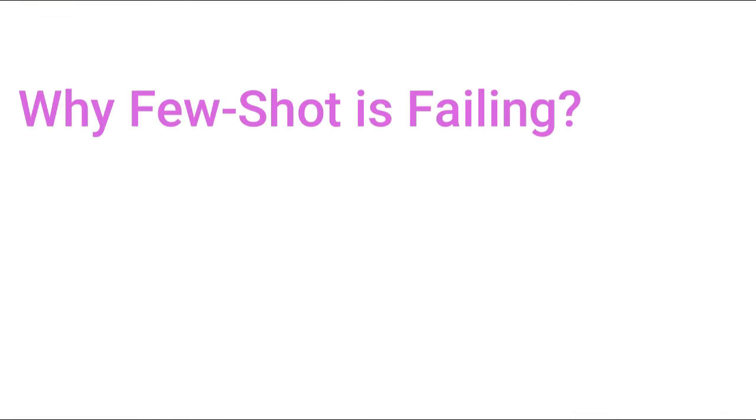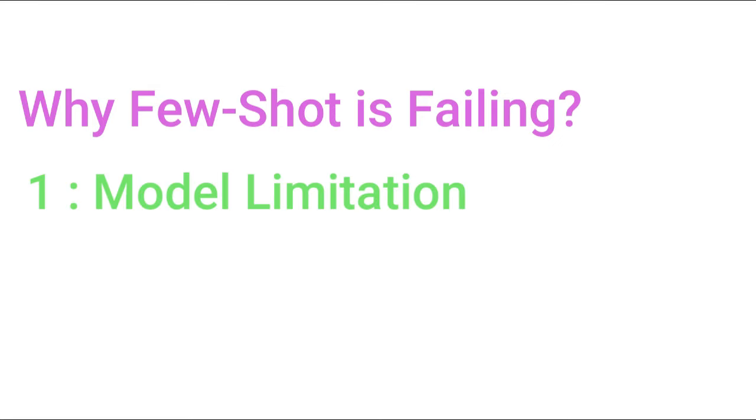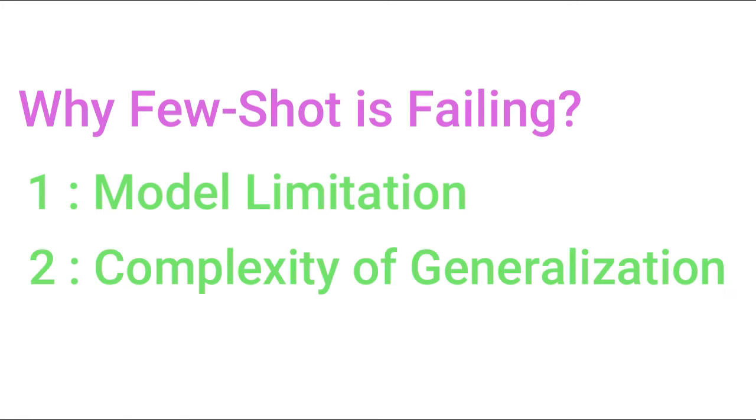Now, why is few shot prompting failing? The first is the model limitation. We are using GPT 3.5 Turbo, which is not able to deliver this use case. This may be because GPT 3.5 Turbo may lack the capacity to correctly generalize the task from the provided examples. The second one could be the complexity of generalization.